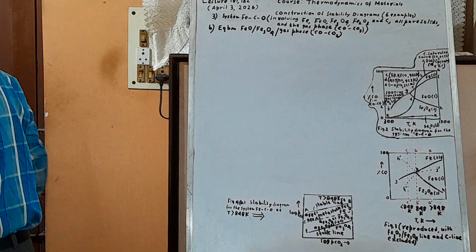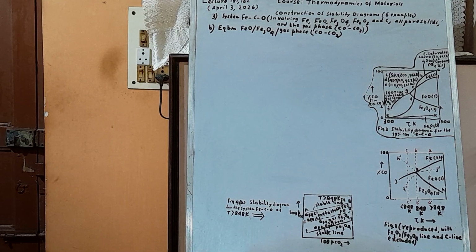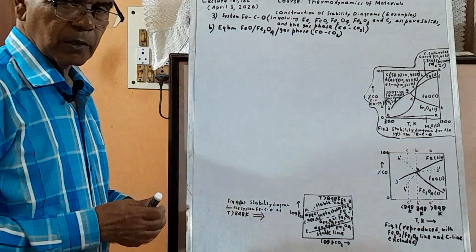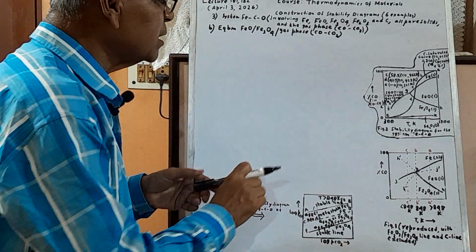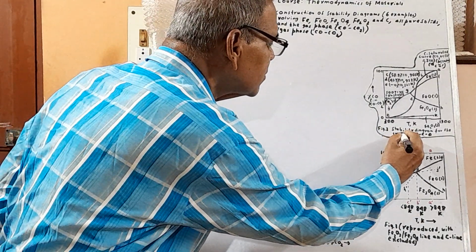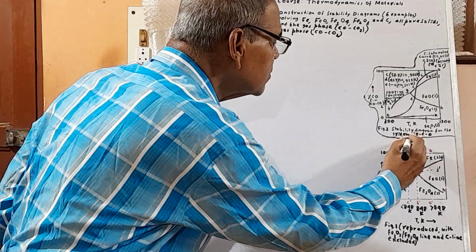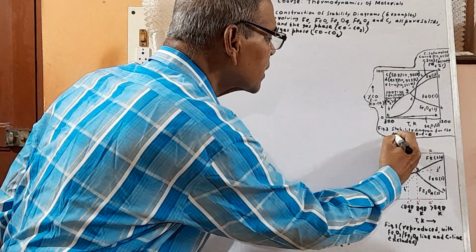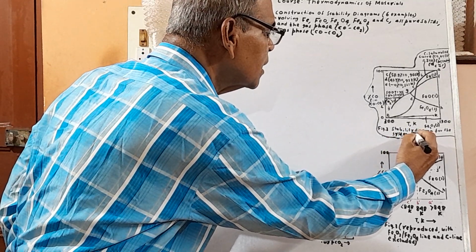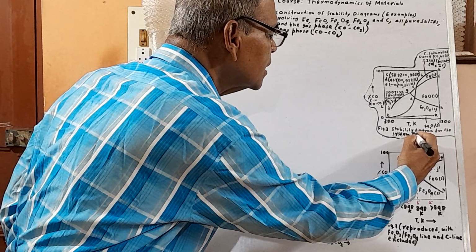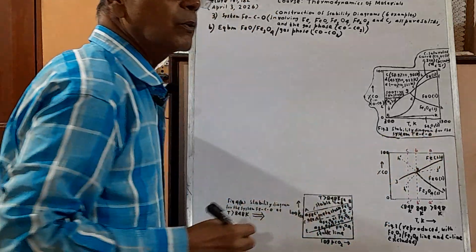So we begin with the second one. Stability diagram for the system Fe-C-O.